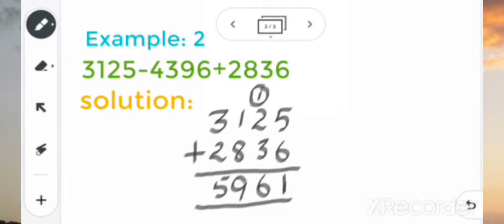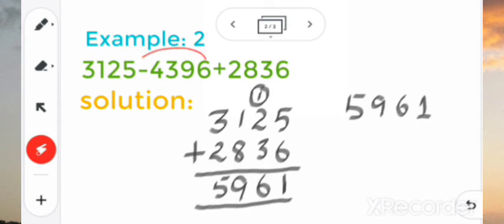Now I am arranging again here. First I am writing the sum, 5961. From here we have to minus the second number, 4396.